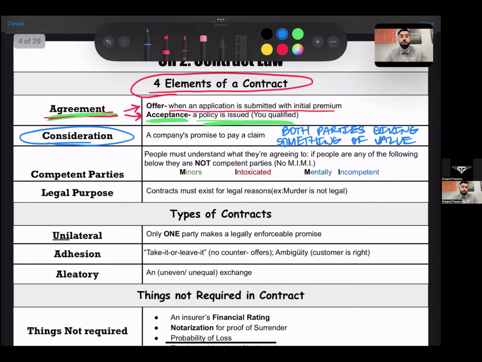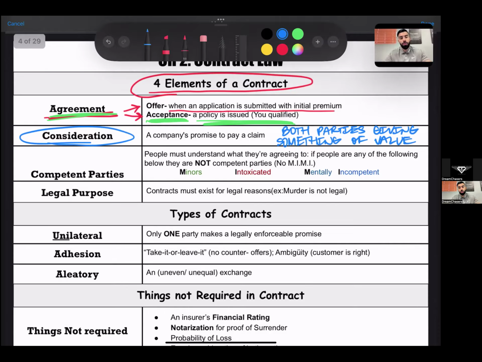Who are the both parties? There's always going to be two parties involved in insurance: the insurer with an R at the end, which is the company, and the insured with a D at the end, which is the person that's being covered. So what are both parties giving of value? The insurer, the insurance company, is giving the promise to pay if the person passes away.